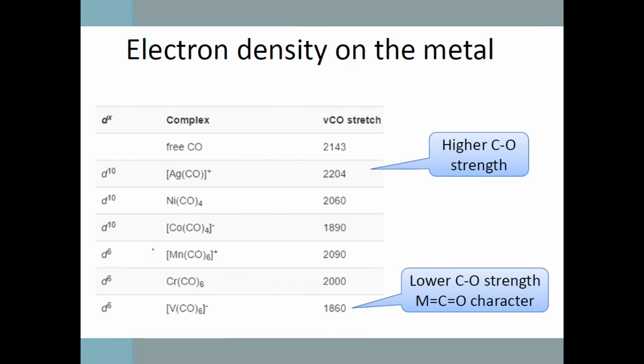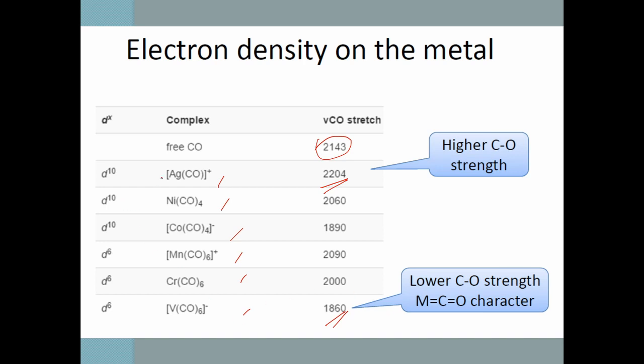The electron density can be inferred from this particular table with Ag(CO) plus, Ni(CO)4, Co(CO)4 minus, manganese, chromium, and these complexes. Against the free CO, which is at 2143, you have a much higher CO stretch of about 2204, compared with a much lower stretch of 1860.